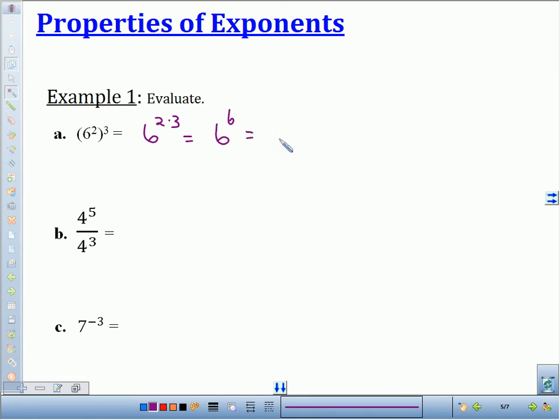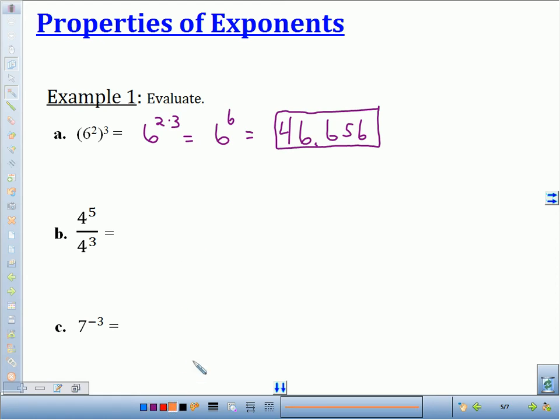Now I can type this into a calculator, any calculator in the world, and I can get the correct answer. And the correct answer happens to be 46,656. 6 to the 6th is 46,656. So we use the power of a power property to get that answer.